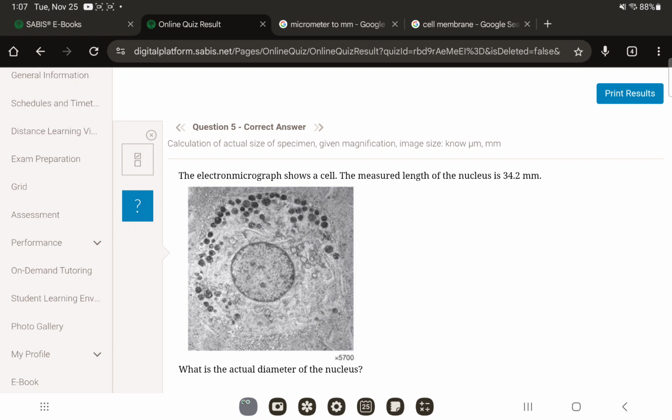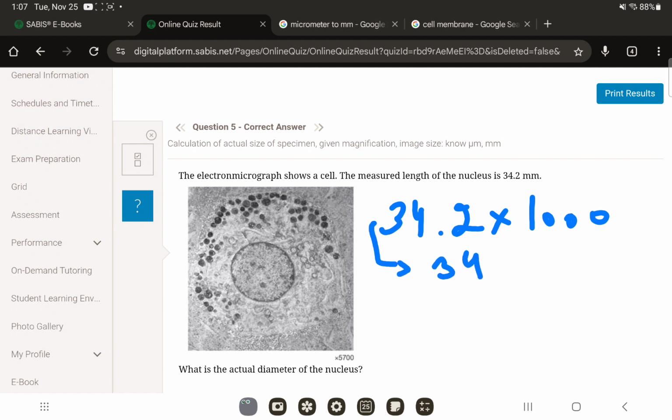So you do 34.2 times 1,000 to get it into micrometers. So you'd get 34,200.